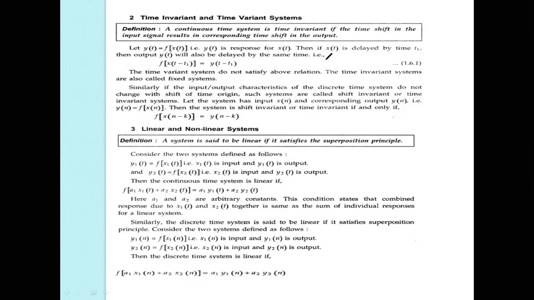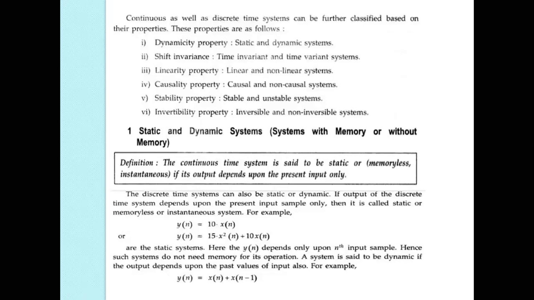Coming to the third one, till now we have learned about the further classification of continuous and discrete time systems. One is static and dynamic systems. Static means the output depends upon the present input only.